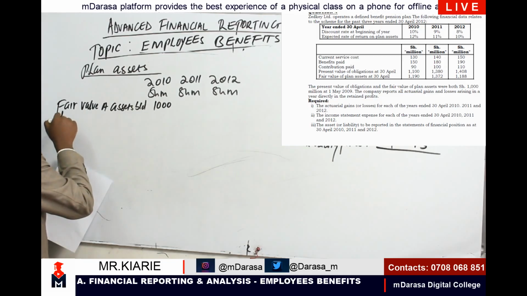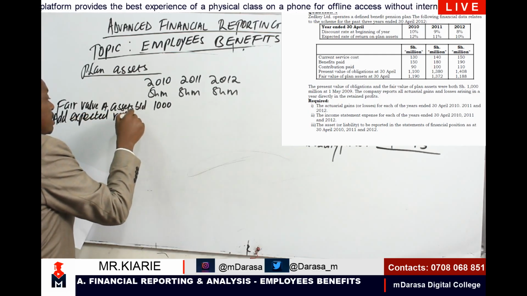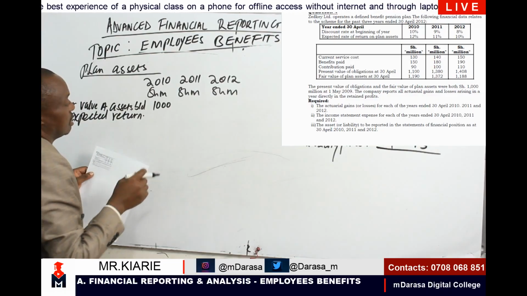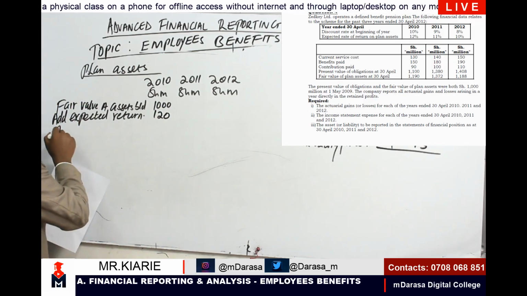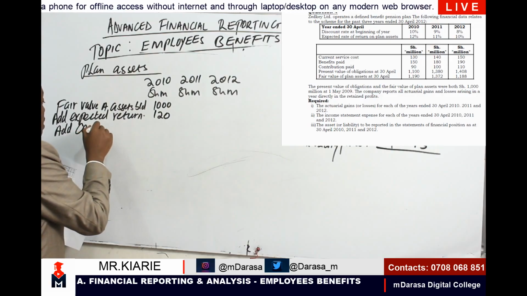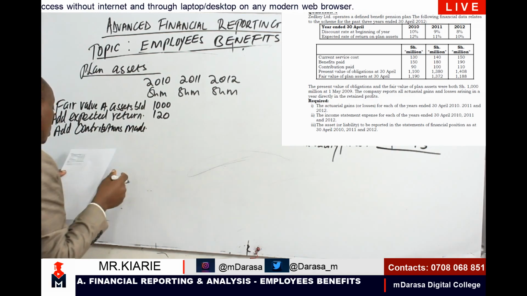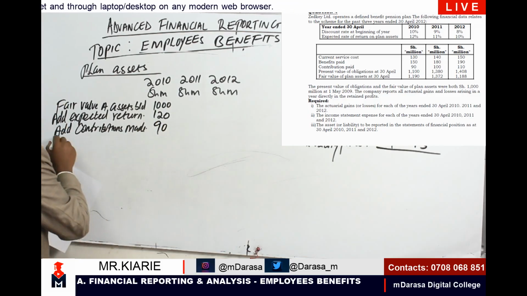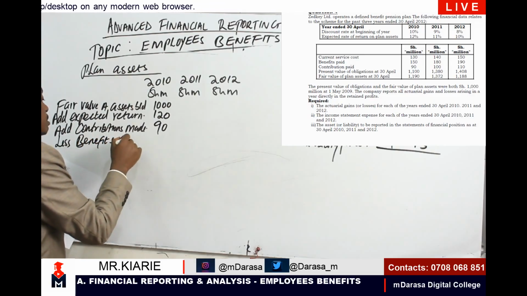Then you add expected return on plan assets. We know the rate is 12%. 12% of 1,000 is 120. Then I add contributions made in 2010, which is 90. Then I less benefits paid.